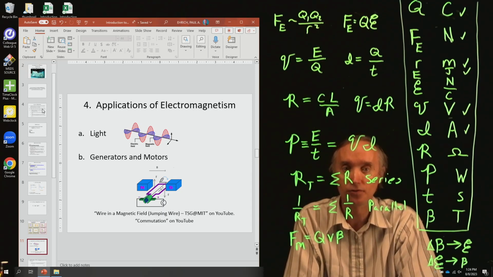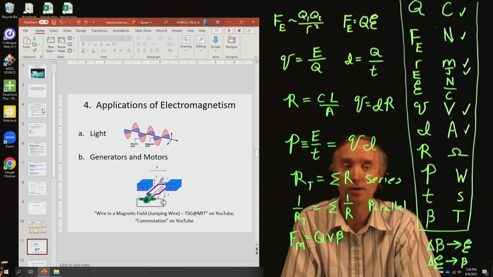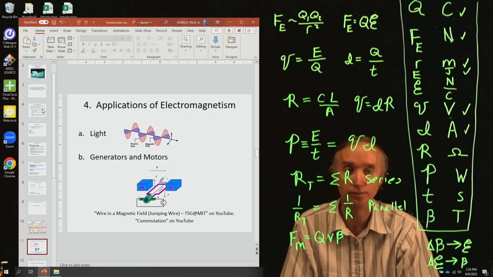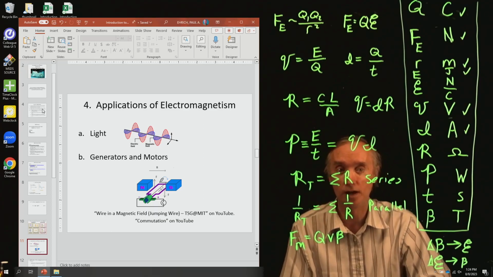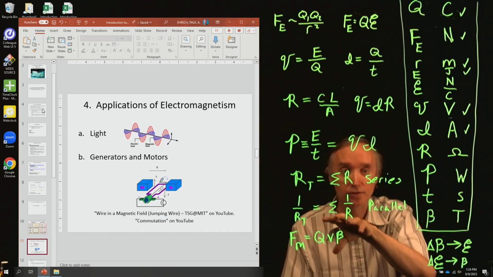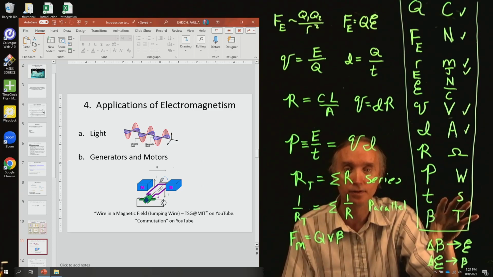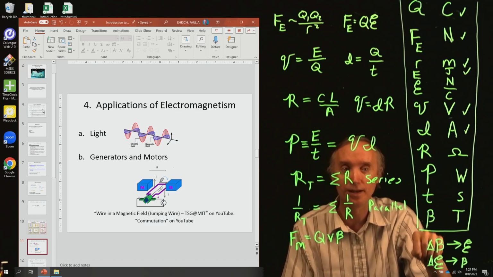So an electromagnetic wave is light, and there are different kinds of light. We're going to talk more about this in a future lesson, but you've got radio waves, visible light, infrared, X-rays, gamma rays. So all of those different kinds of light are an electromagnetic wave.